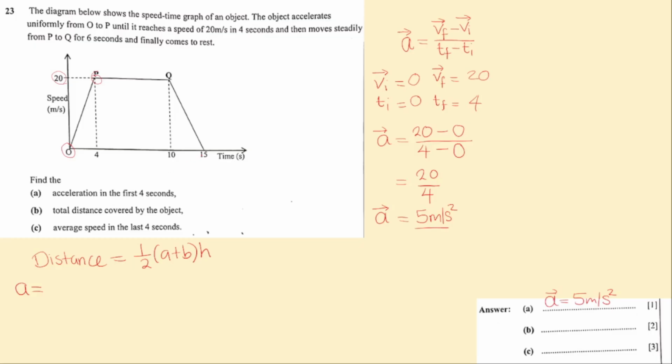So the length PQ is 6 seconds. 10 minus 4 gives us 6 seconds. Then my B, which is the other parallel side, is 15. What is the height of this trapezium? It's from O to 20.